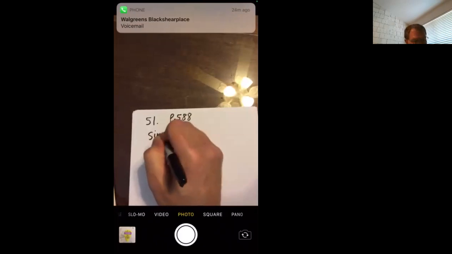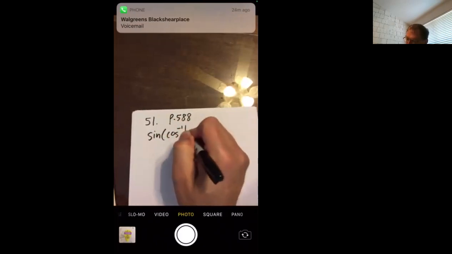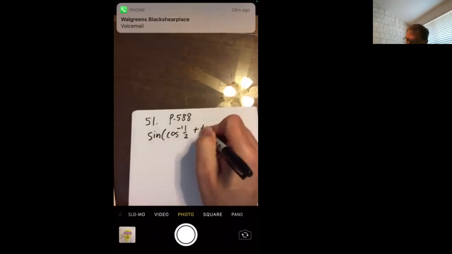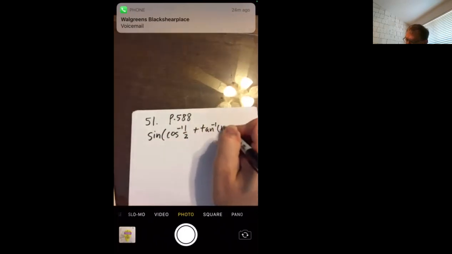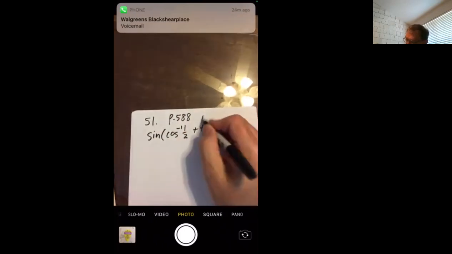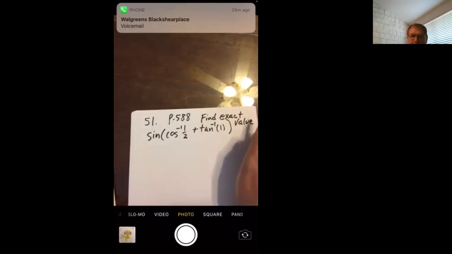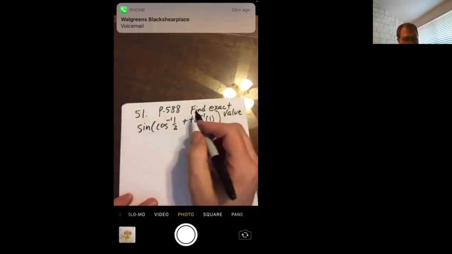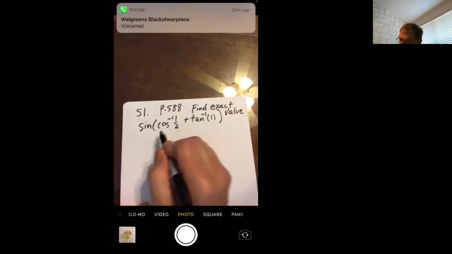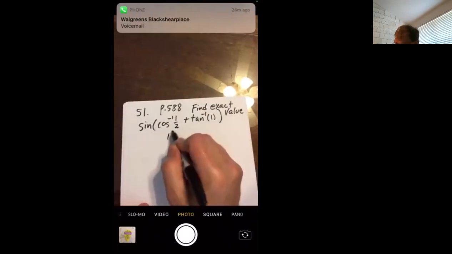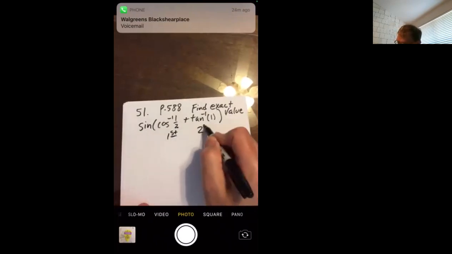Take the sine of an arc cosine of a half plus an arctangent of 1. Find the exact value. Well, I'm sure you have it perfectly memorized that the sine of first plus second is sine first, cosine second, plus cosine first, sine second.